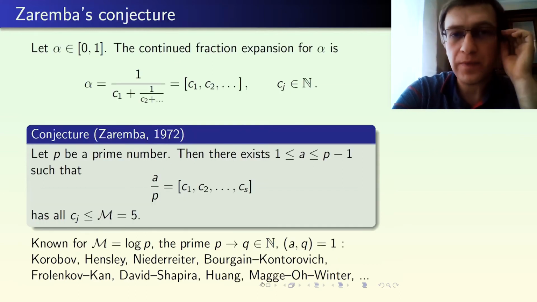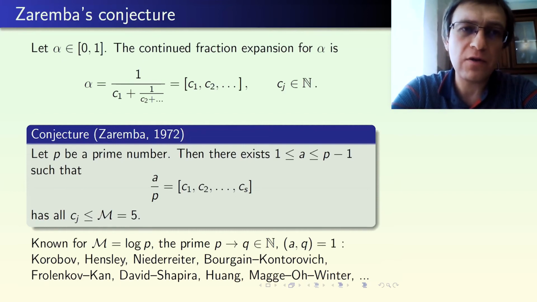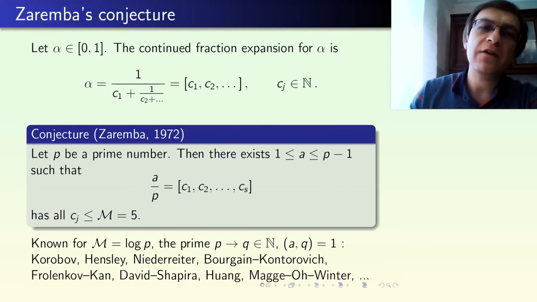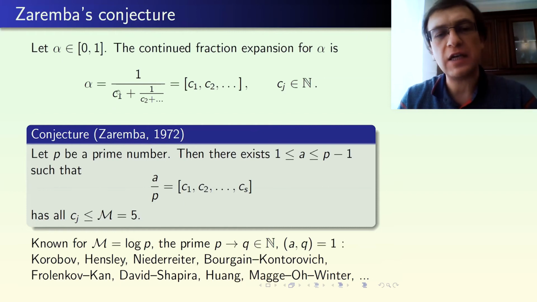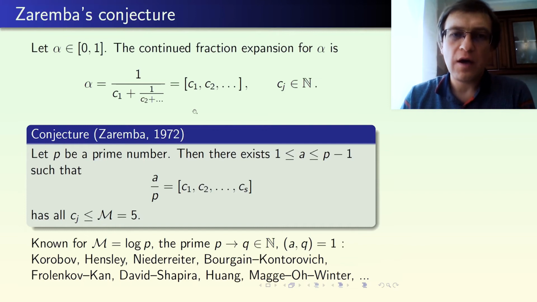So it turns out that this theme is connected with the well-known Zaremba's conjecture from the theory of continued fractions. So I have a real alpha, and I have the decomposition of alpha into a continued fraction of the following form, 1 over c1 and so on.